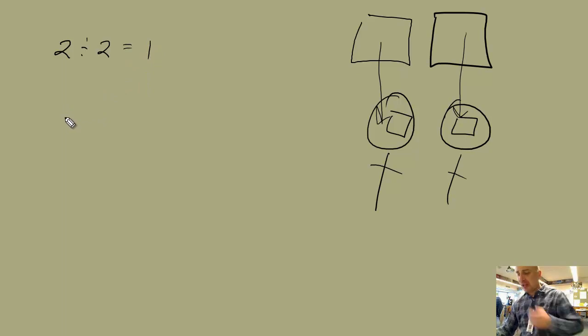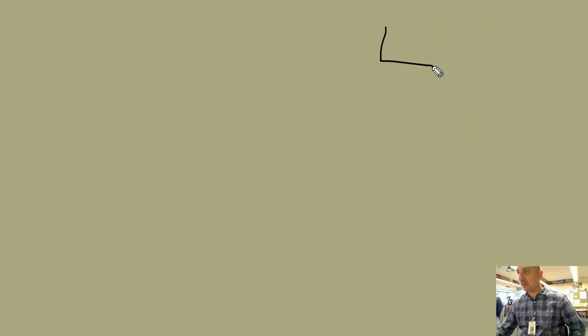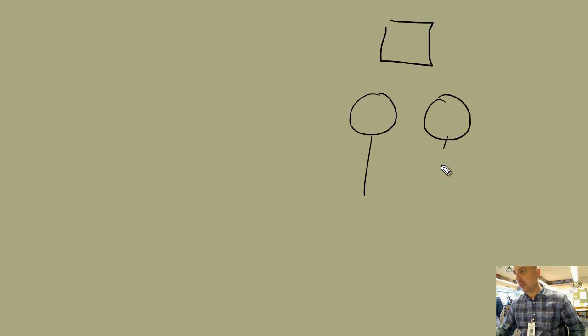So imagine that instead we only have 1 cracker to give to our 2 people. What would we do? How much would each person get? Well, you would have to cut that cracker in half first, right?